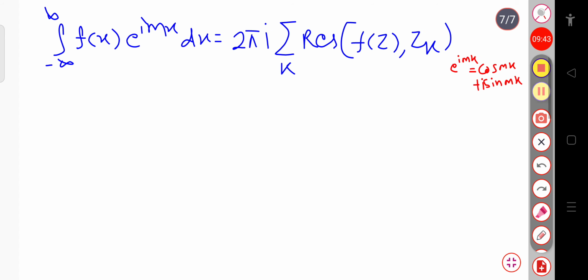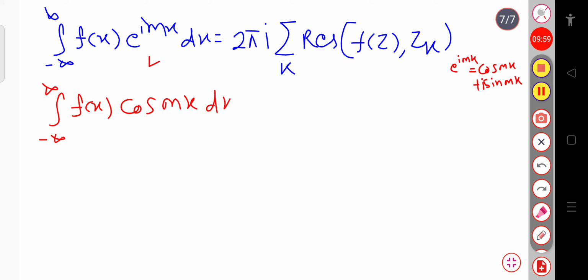If I put this exponential imx term here, it will be the integration from minus infinity to plus infinity of f of x cosine mx dx, which will be equal to the following. This cosine mx represents the real part of exponential imx, and this i sin mx part denotes the imaginary part of the term.